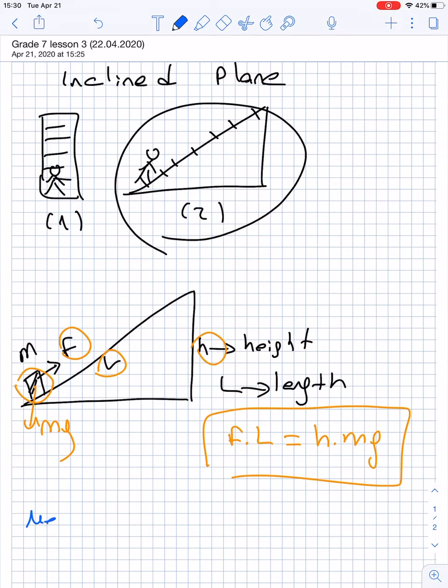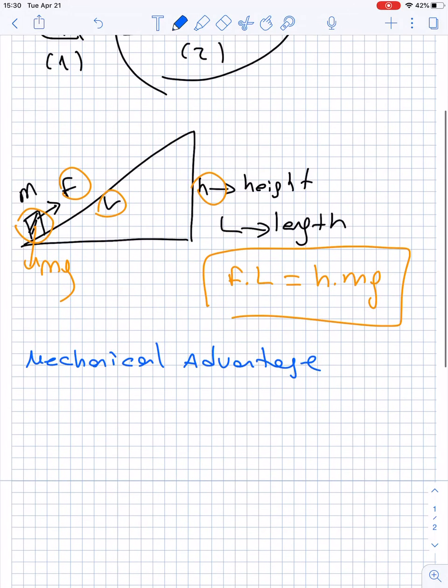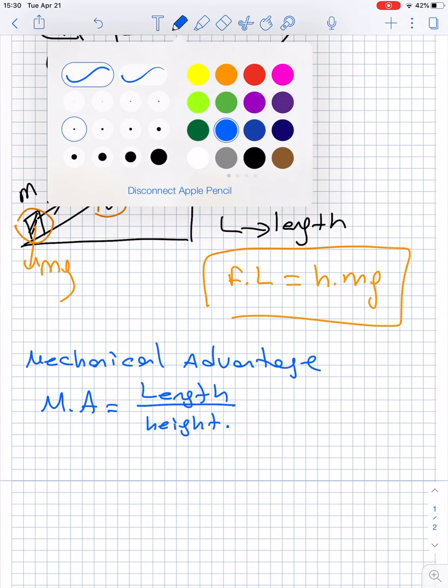And for an inclined plane, if I ask to find the mechanical advantage, shortly we can write MA is equal to the length of the inclined plane over the height of the inclined plane.